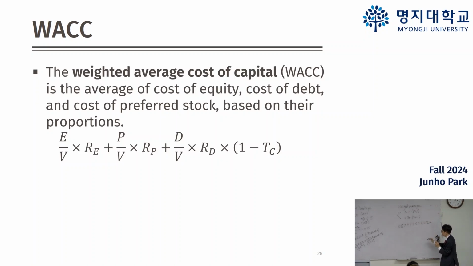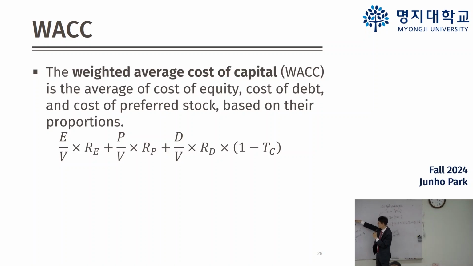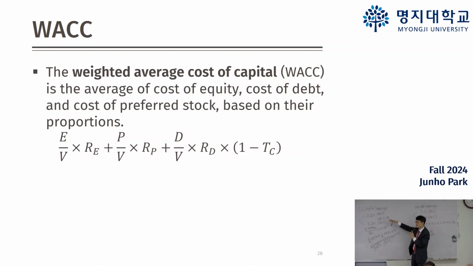and this will be 0.08 plus 0.04, so it will be 0.12. So this is the result of your calculation, and you can see that 0.12 is different from the previous result, 0.15.